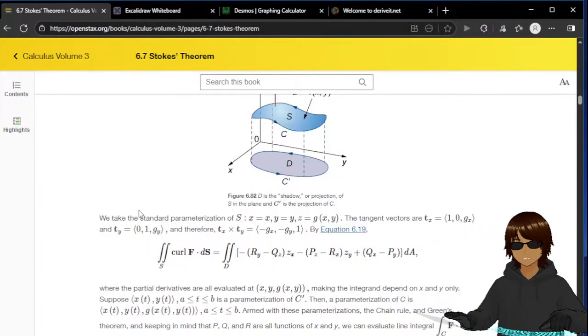We take the standard parameterization of S, the tangent vectors Tx = (1, 0, gx) and Ty, and therefore Tx cross Ty is this.